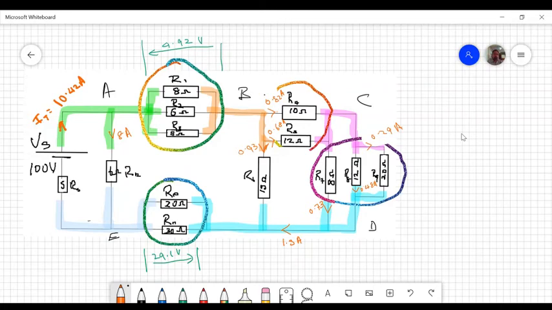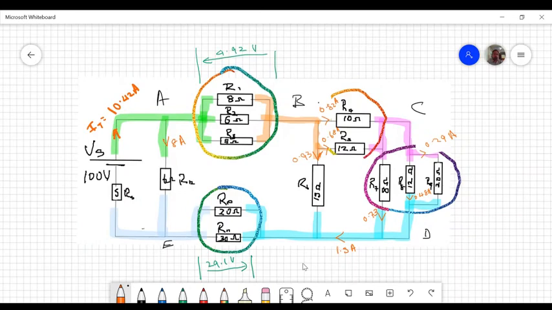Now let's go ahead and find the current flowing through this first parallel branch. And notice the voltage again is common. It's common, so I'll find this current.